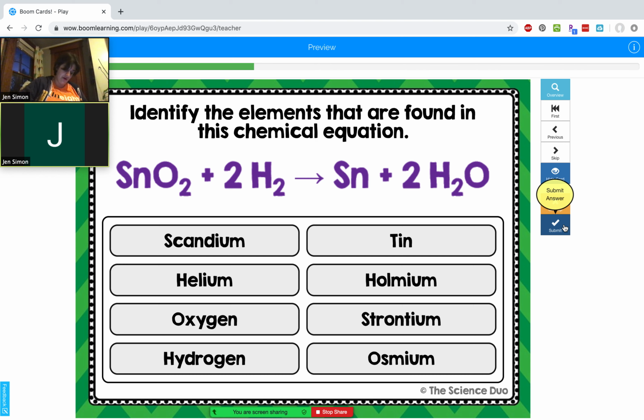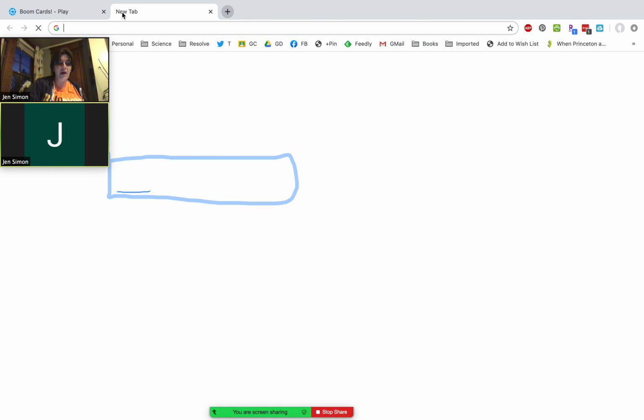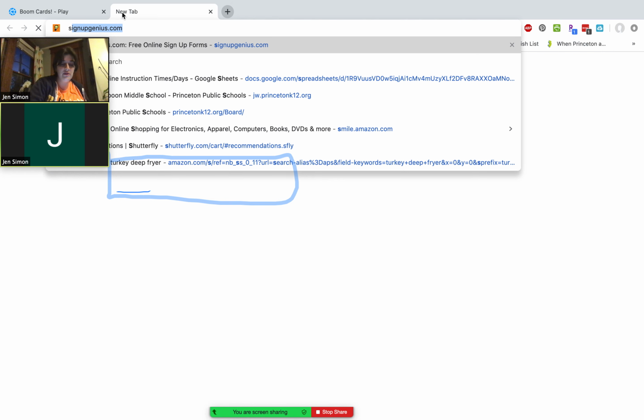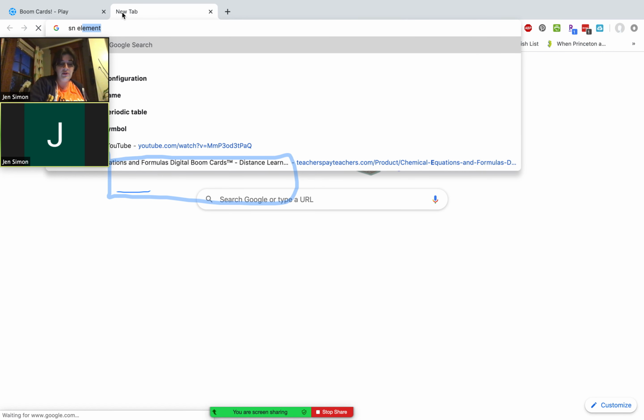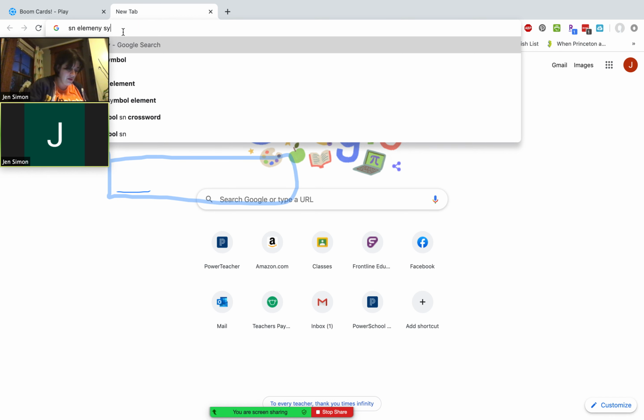Here, same thing. We're going to identify the elements that are found in the chemical equation. We only need to look at one side. So I have Sn, which I'm not going to lie, I'm not quite sure I remember what that one is. So let's look up. Sn is the element symbol.